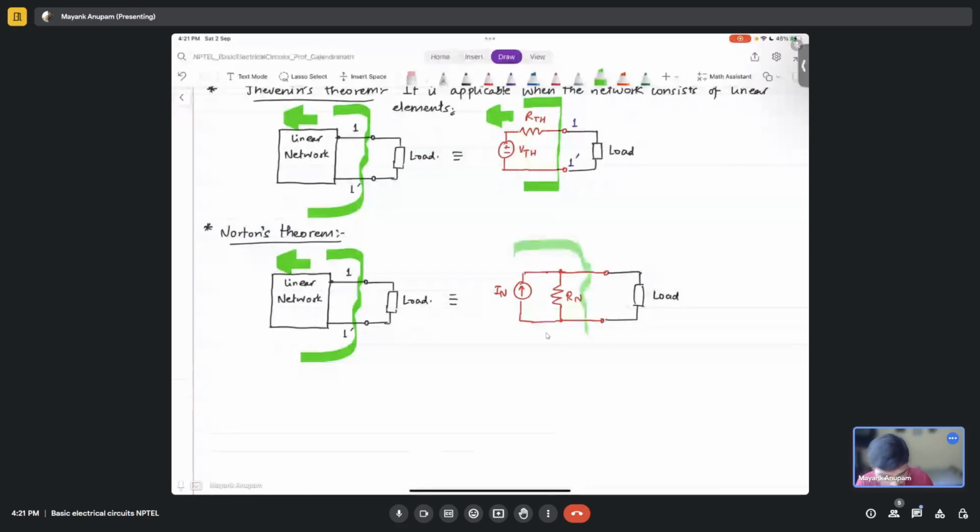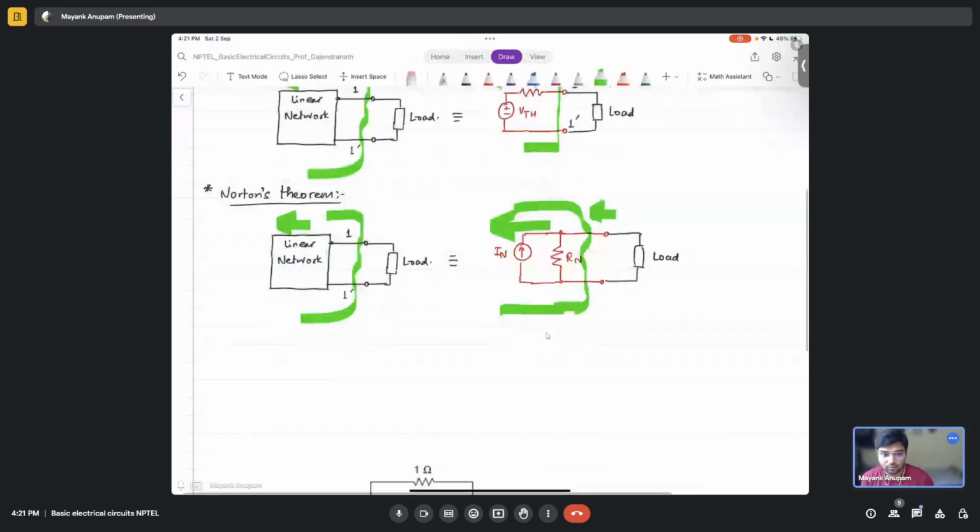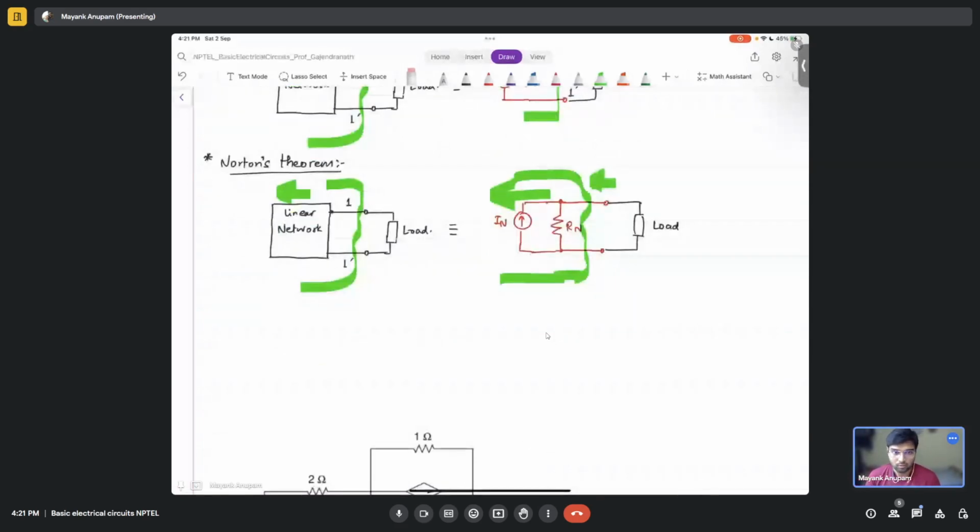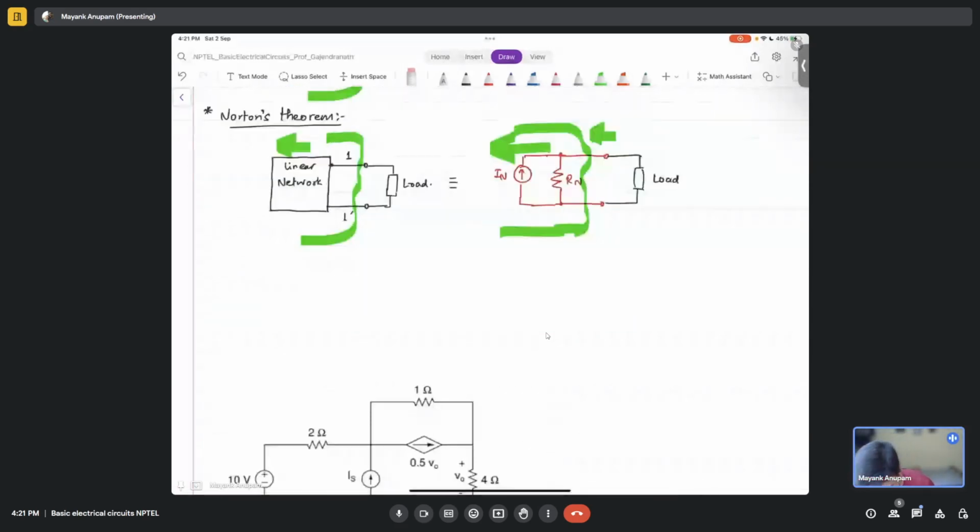Everything looking left to this is the same. In this side, everything will be the same. Nothing has changed while going from here to here. Fine, so that is clear.